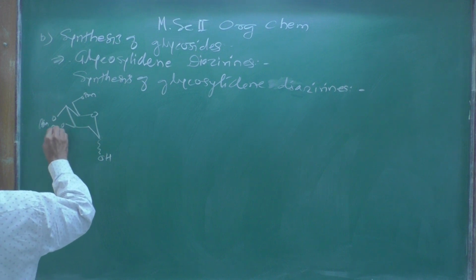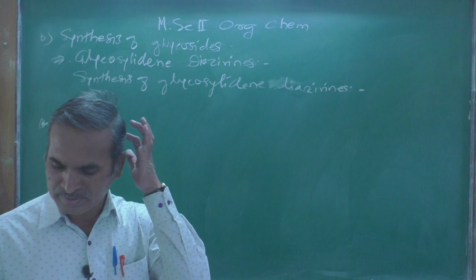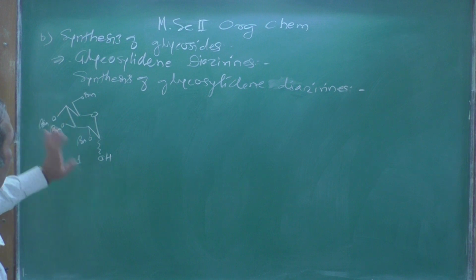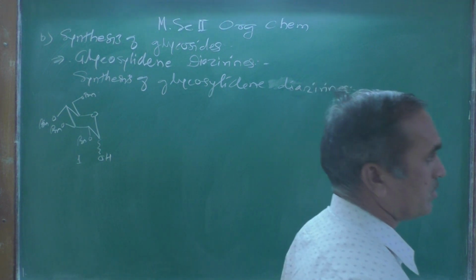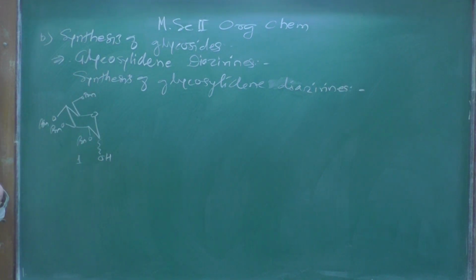Here you can write OBn, here also OBn. So this is structure number one. This is a chair form of a glycoside, where the anomeric carbon atom bears a hydroxyl group which is not properly designated, and is shown like this.